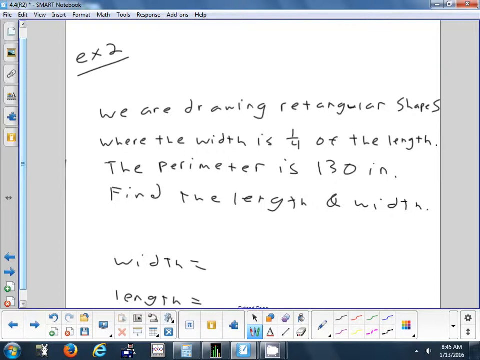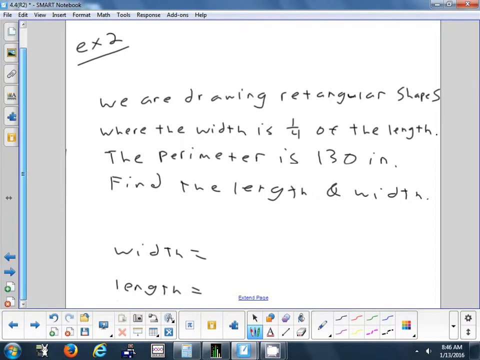All right, so next one, very similar type, still a model rectangle. Okay, and this time it says we're going to draw rectangular shapes where the width is 1/4 of the length. So first thing we do is write down our 2 unknowns. Next thing we have to decide is which one gets the single variable.